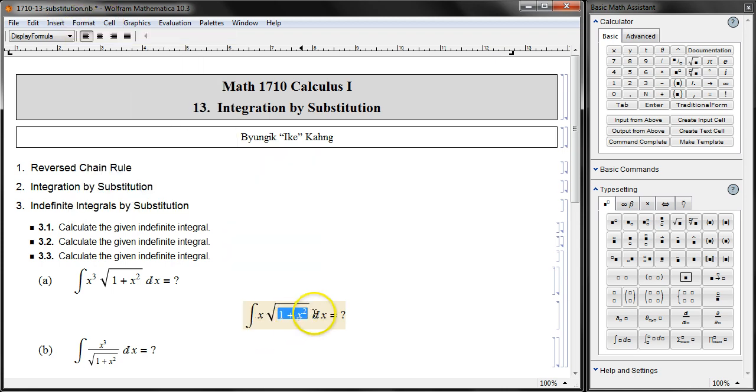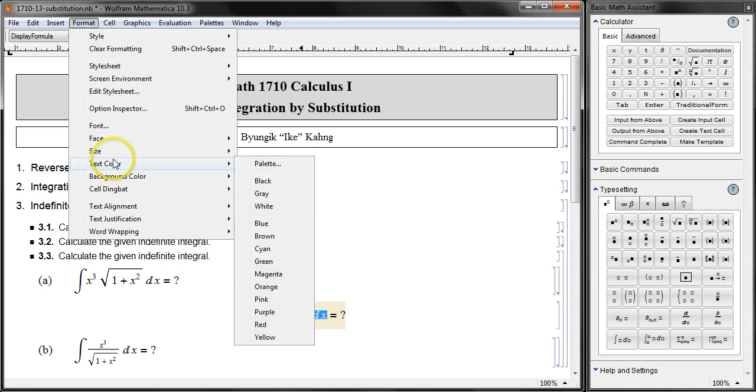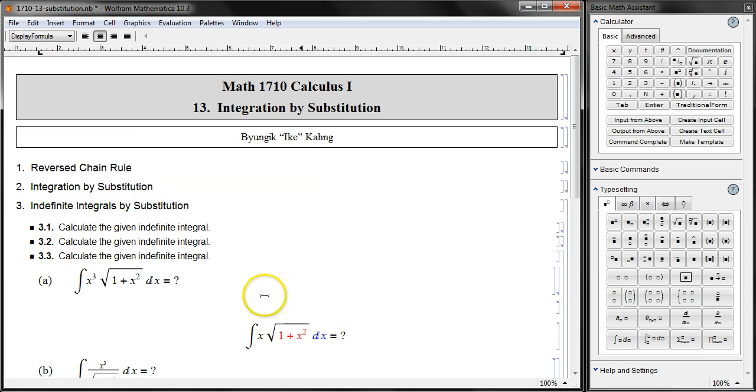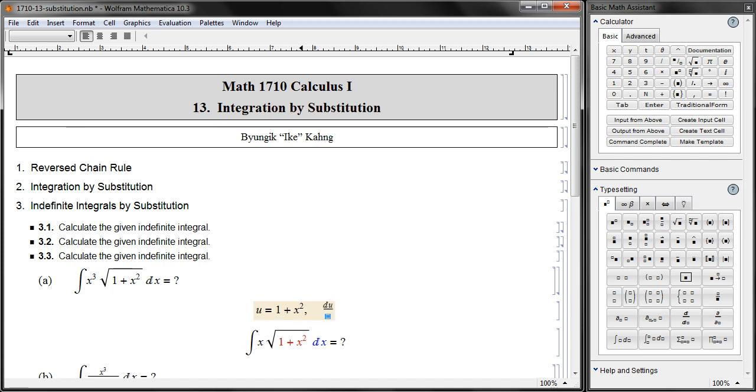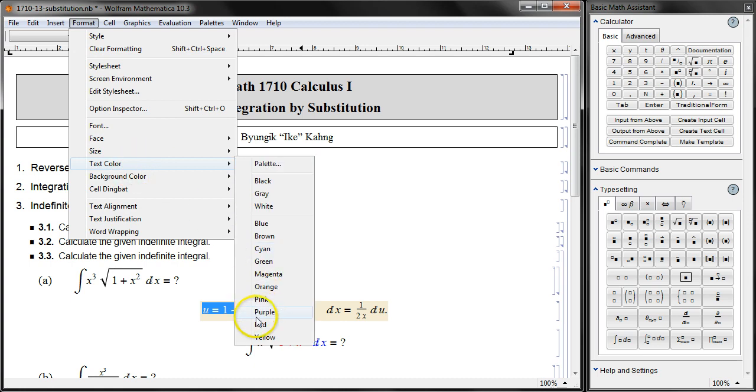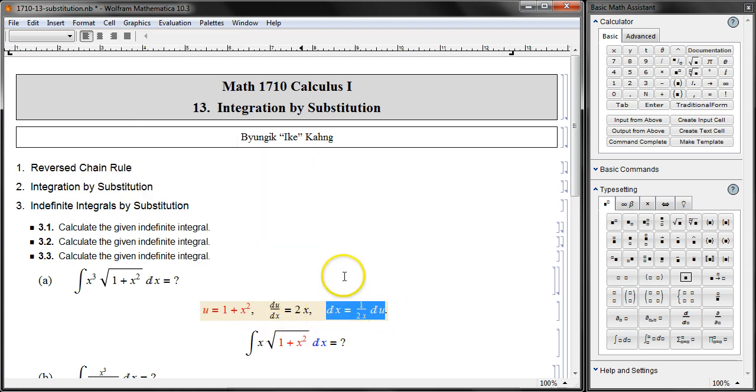Typical insight and differential computation will apply here, because if you take your character, say u, as 1 plus x squared, the derivative is 2x, and consequently what do you get? dx is equal to 1 over 2x du, and we can plug these into the original integration, and then we can simplify.